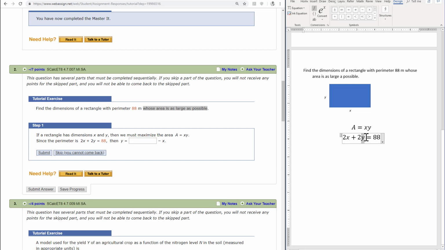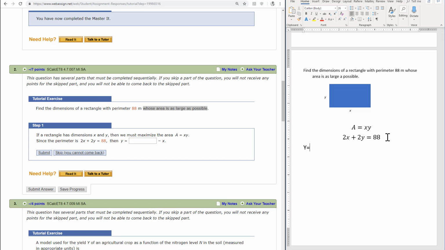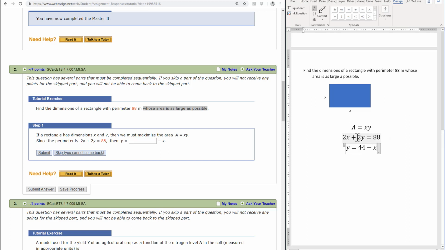And then if we solve for y, we're going to get 44 minus x. So we bring the 2x to the other side as negative, and then we divide out by 2. So we get 44 minus x.